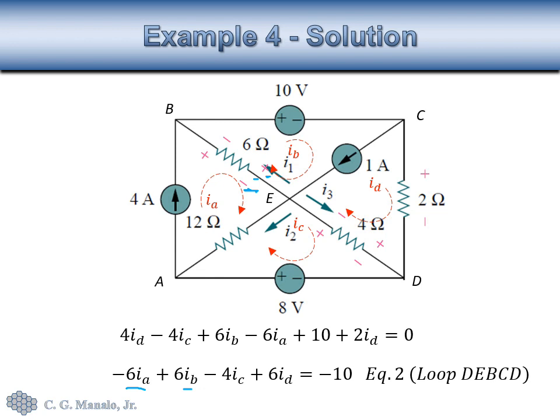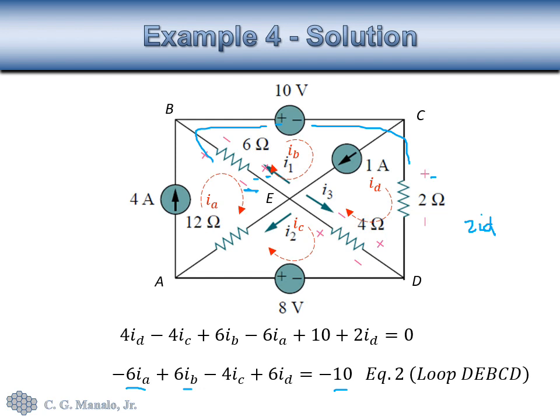Then we proceed to 10, and that is plus 10. So we transfer that to the right, we get negative 10, and then plus 2ID. So let me first write it here. And then we proceed here.